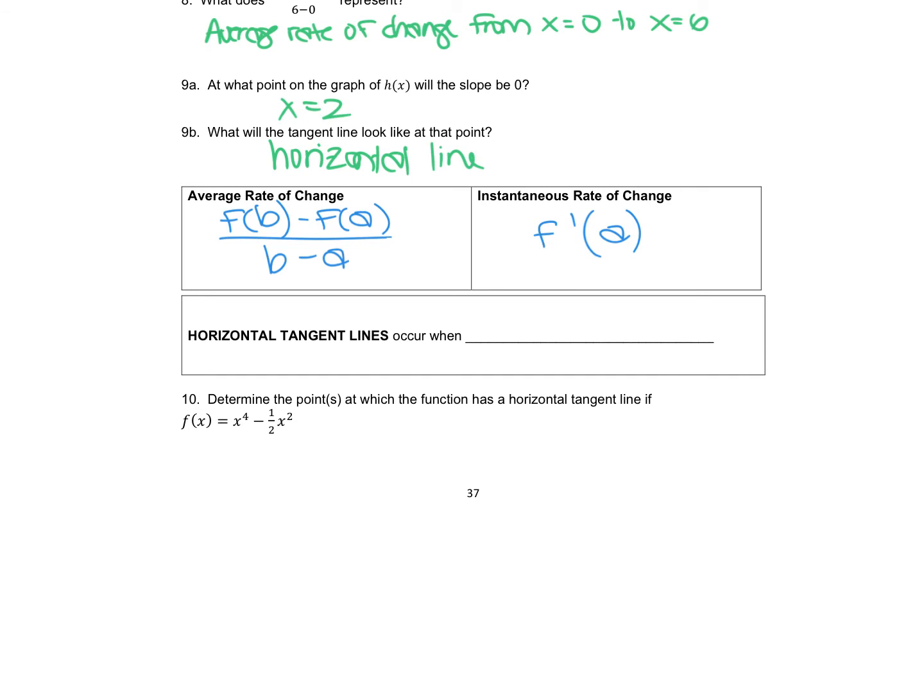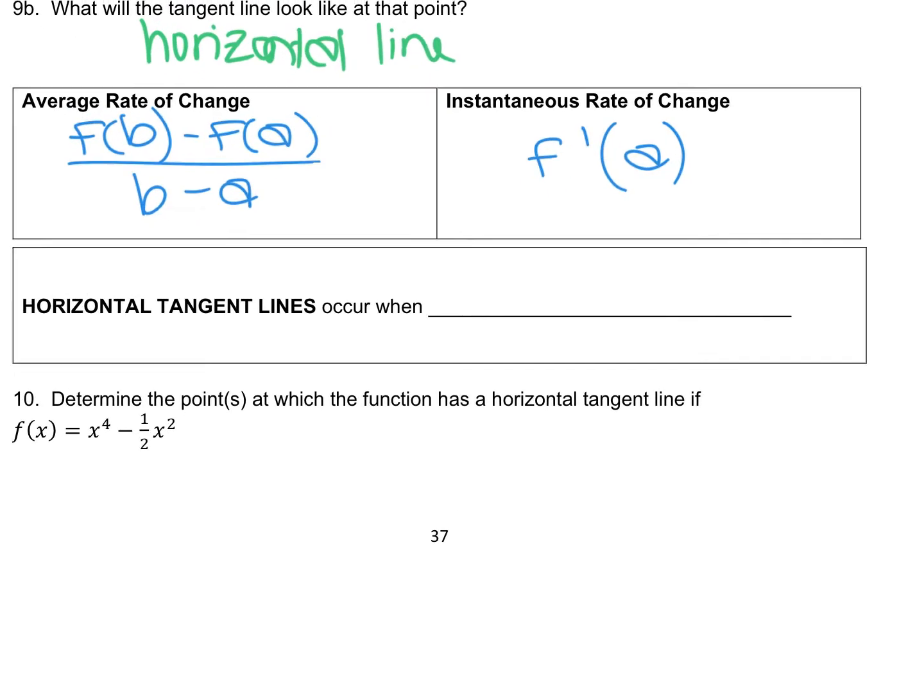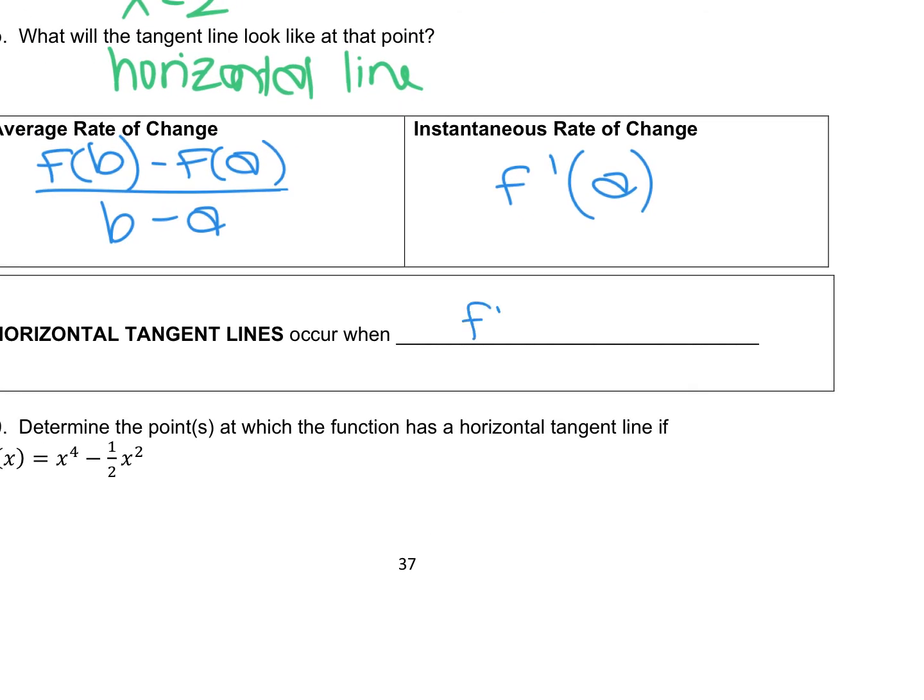Okay? Now, one continuation of this is horizontal tangent lines. Horizontal tangent lines occur only when they have a slope of what? 0. If it has to be a slope of 0, what else has to equal 0? The derivative. F prime of x is equal to 0.